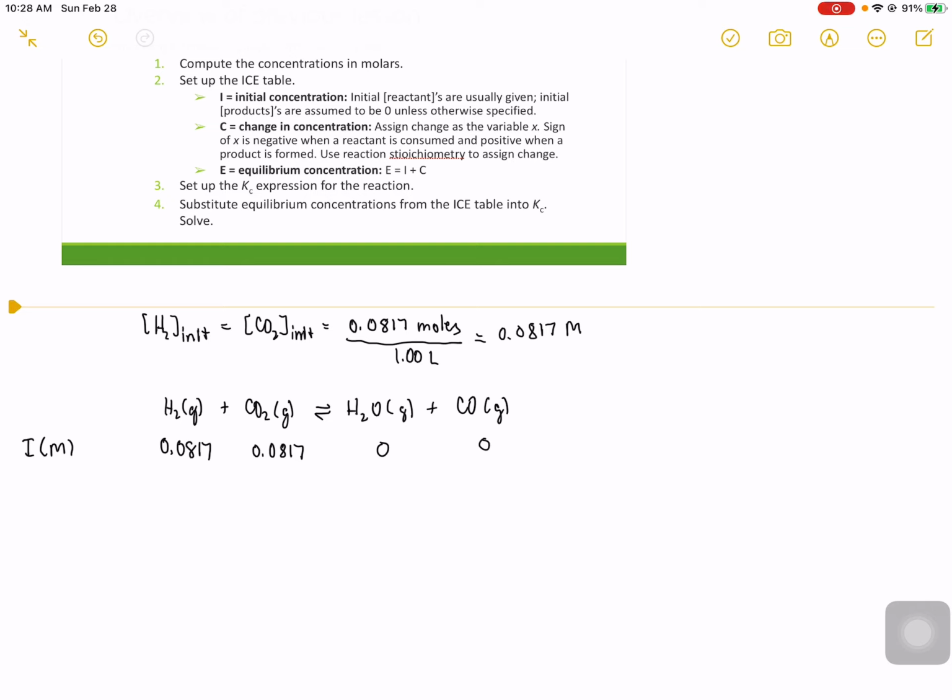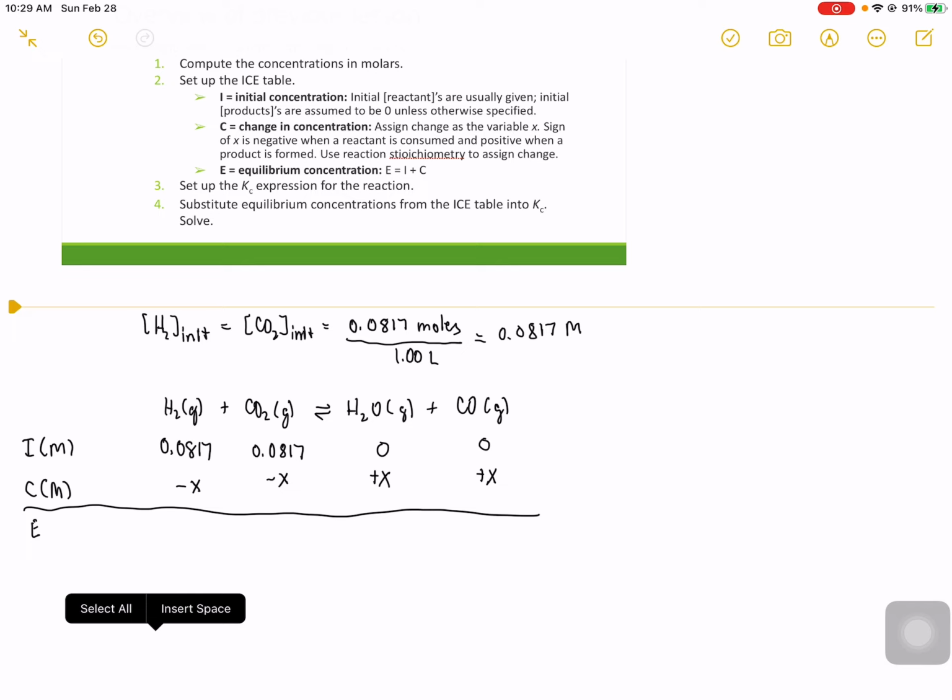As this reaction proceeds, some of the reactants, let's call that amount X, will be used up. So the amount of hydrogen will decrease, same with the amount of carbon dioxide, to be able to form some water and some carbon monoxide. Now summing all of that up, the initial concentrations plus the changes in their concentrations should give us the concentrations of these species at equilibrium.